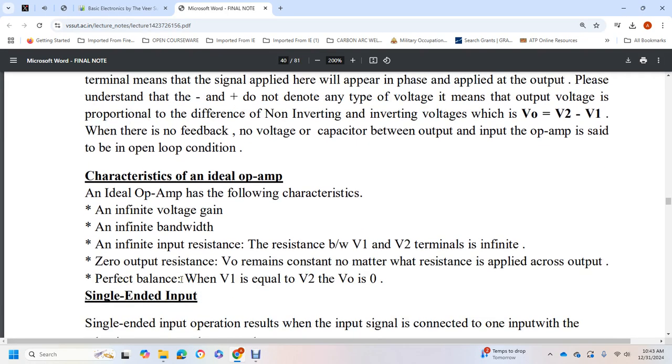Characteristics of an ideal operational amplifier: infinite voltage gain, infinite bandwidth, infinite input resistance between the voltage 1 and voltage 2 terminals, zero output resistance, so the output remains constant no matter what resistance is applied across the output. Perfect balance: when voltage 1 is equal to voltage 2, the output voltage is 0.